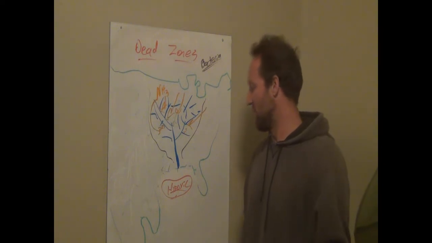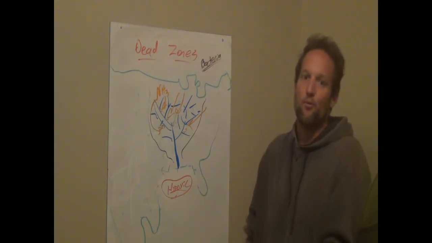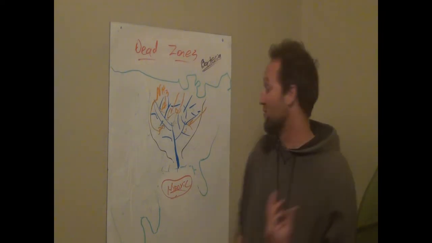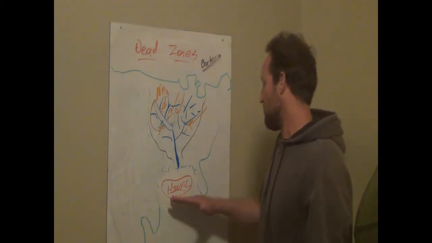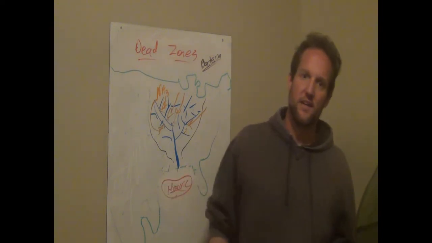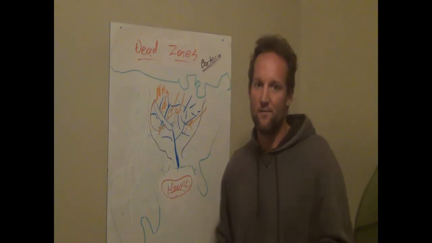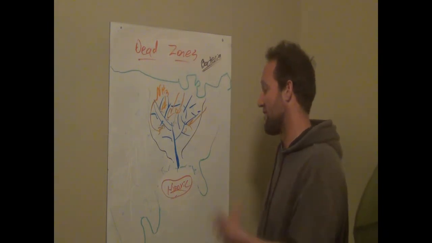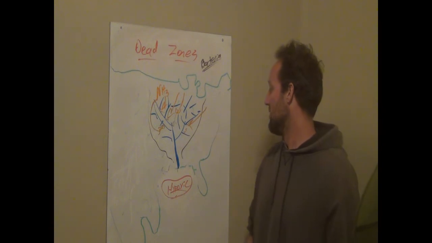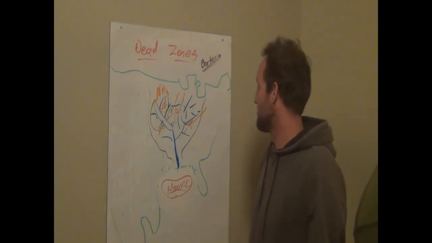Any kind of organism that requires oxygen, and yes, fish do need oxygen, they don't just breathe water, they extract oxygen from the water. So you get this big area where nothing can really live, essentially. And the Gulf of Mexico is one of the most important fisheries in the United States as far as shrimp and a whole bunch of other types of sea life that are valuable for a food source and other things.